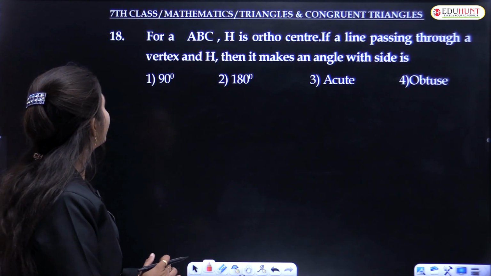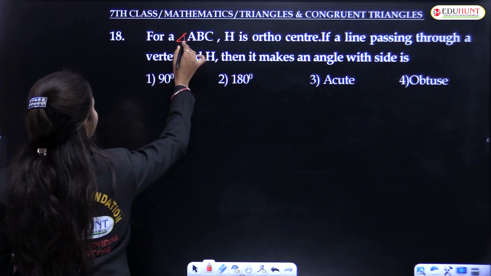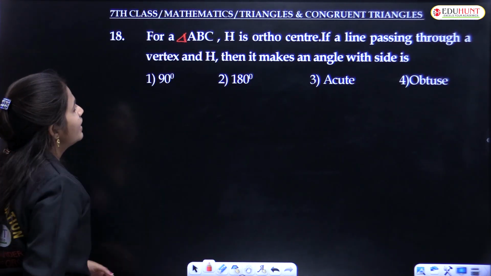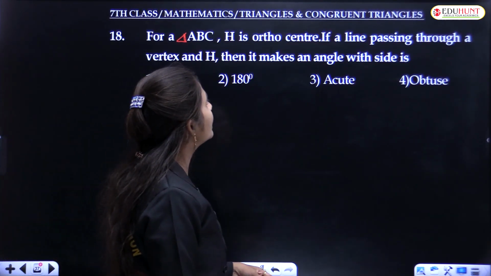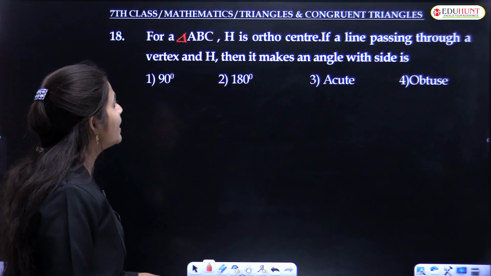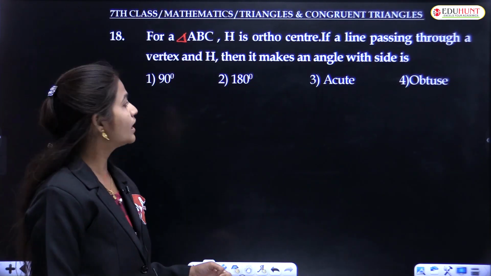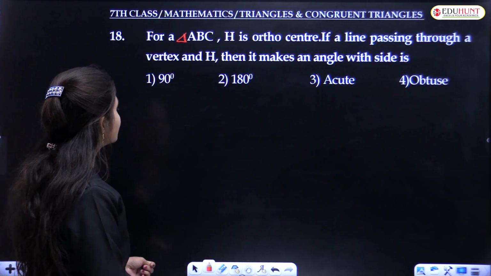See here, for a triangle ABC, H is the orthocenter. If a line passes through a vertex and H, then it makes an angle with the side. So what they are asking here, see.